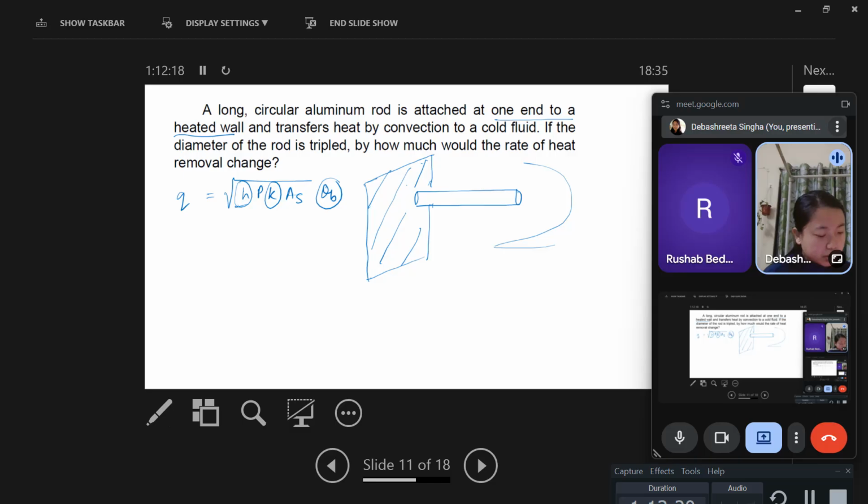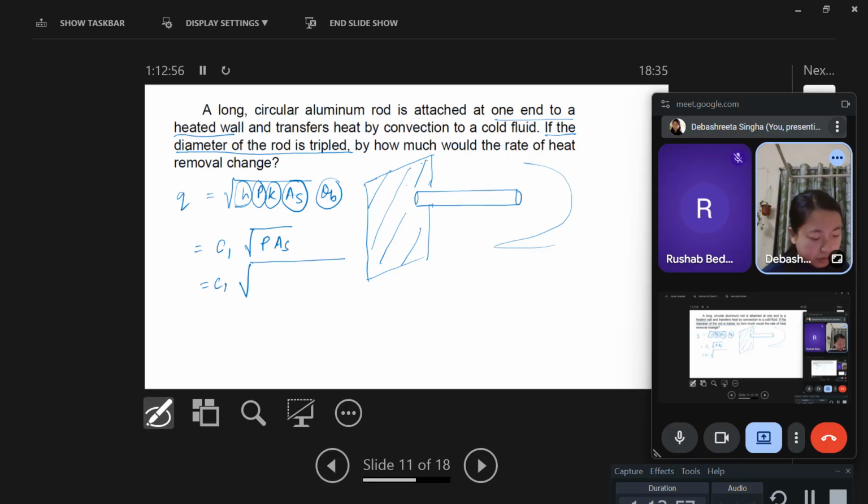Except the geometry of the fin, everything is constant, because the diameter of the rod is tripled. That means only the dimension is changing and the other properties are constant. So you can just write the other properties as C1 or whatever. You may not write it, that is fine. Only the perimeter and area will change, because these are dimension related parameters.